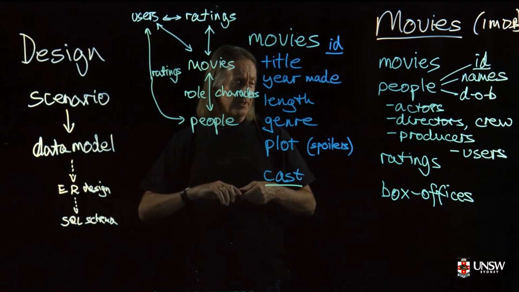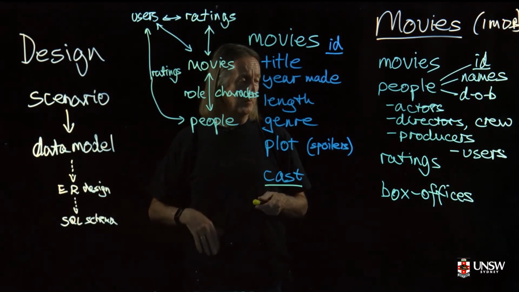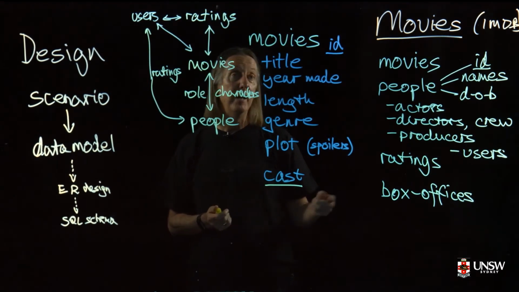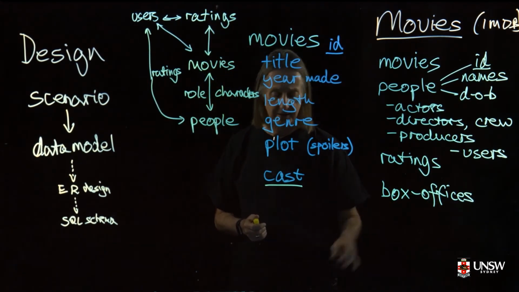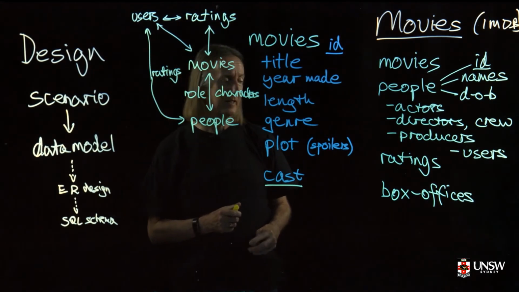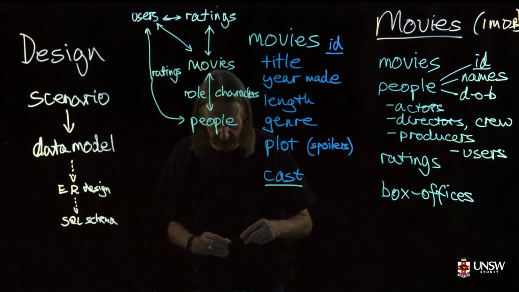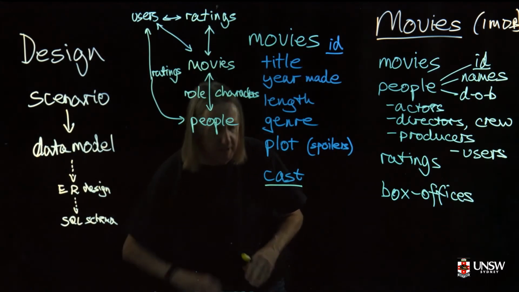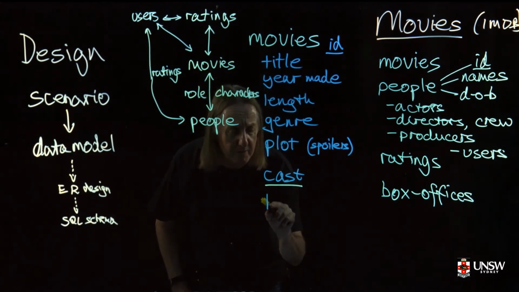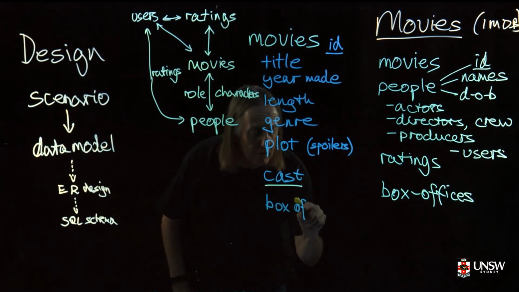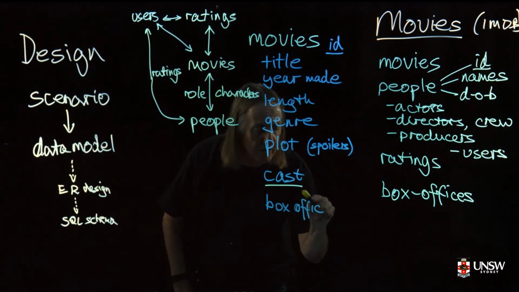The box office information, where that would come from, don't know. Perhaps I've written it as a thing, but in fact, maybe it's a property of the movie. Now, it's an interesting property because it's something that's going to change over time.